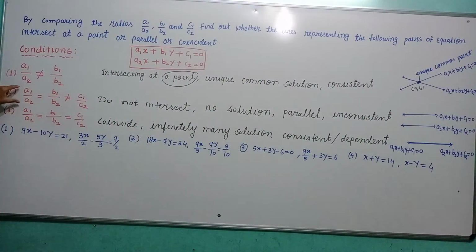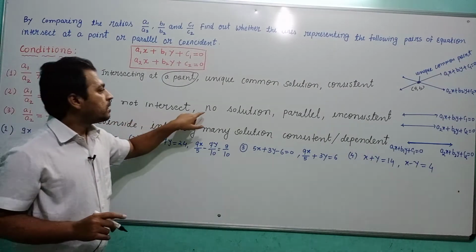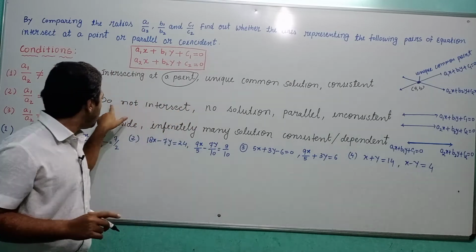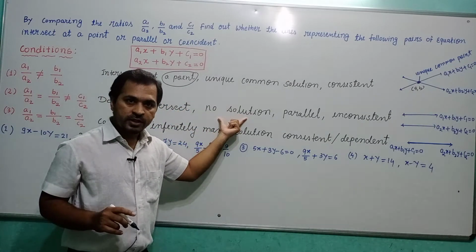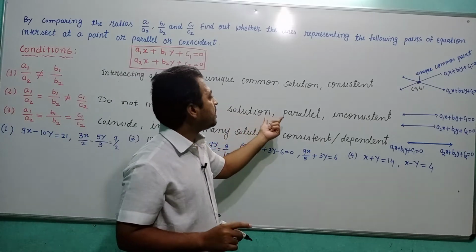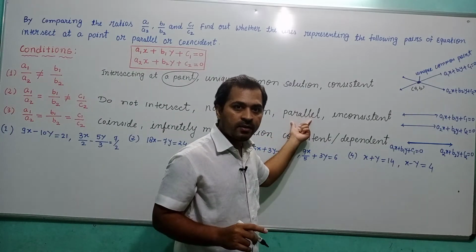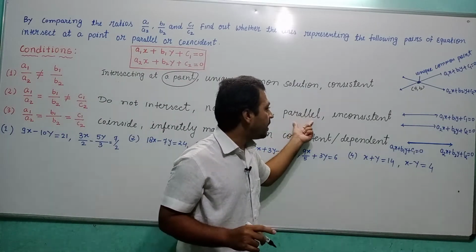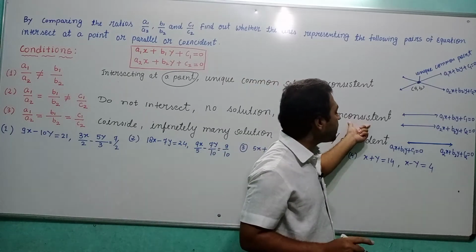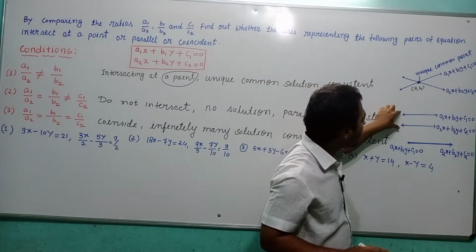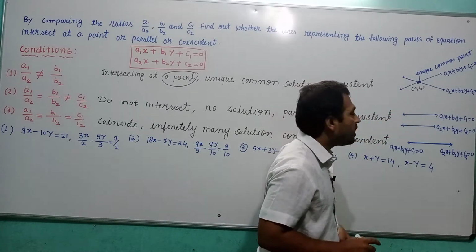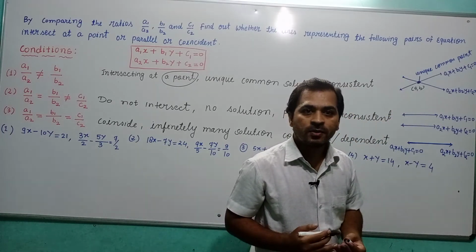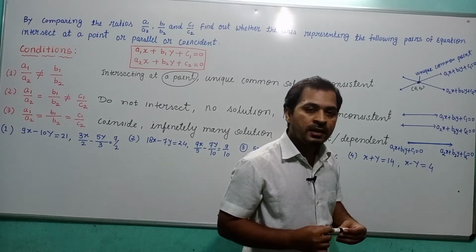If this condition is satisfied, the pair of linear equations will not intersect, so obviously there will be no solution and the lines will be parallel. If you plot the graph, the lines will look like this. It means those lines are inconsistent.